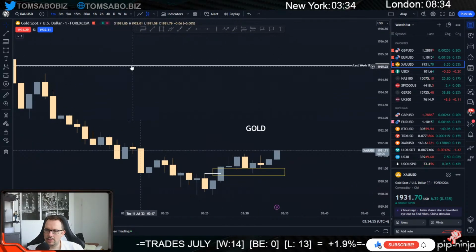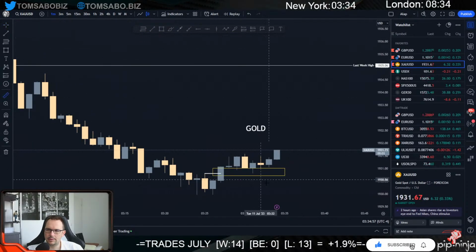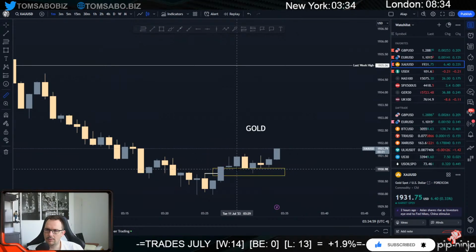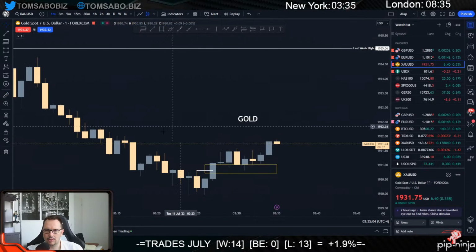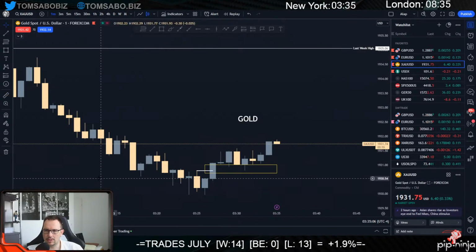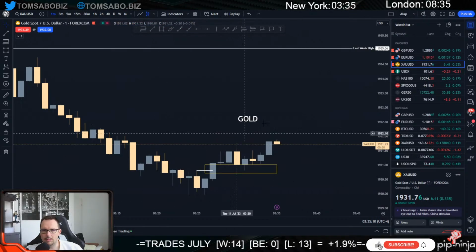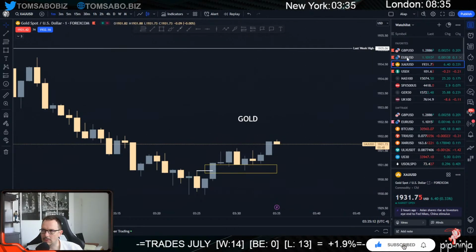There you go. Even if you took it here, you should be at TP1 by now. So there's gold. Gold is at TP1. Some of you guys took it, you should be at TP1. Well, around TP1.